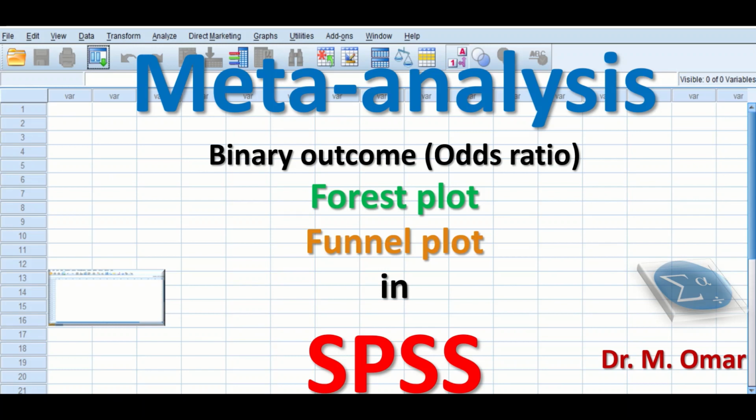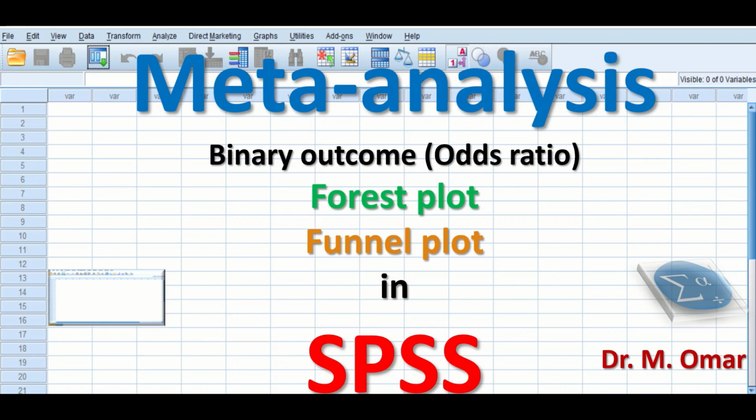The meta-analysis also will measure the degree of variability between these study results by generating confidence intervals and performing tests for heterogeneity of the results.